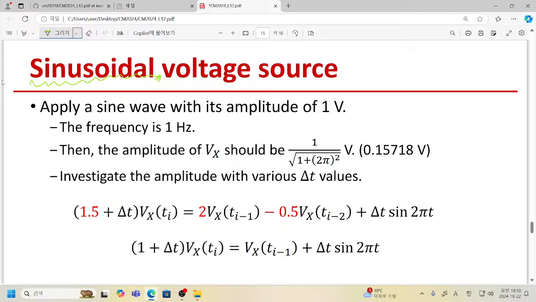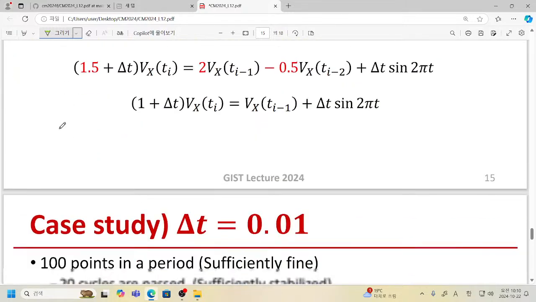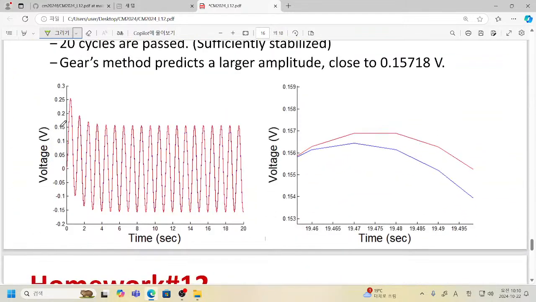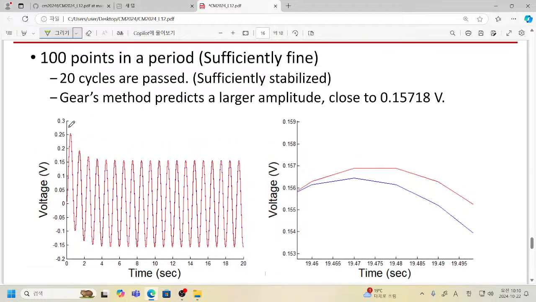Instead of this stepwise one, you can also apply a sinusoidal one. So please have a look at this one. Then you can get such a solution. In this case, red and blue don't show analytic or numerical solution, but they are just comparing this one.